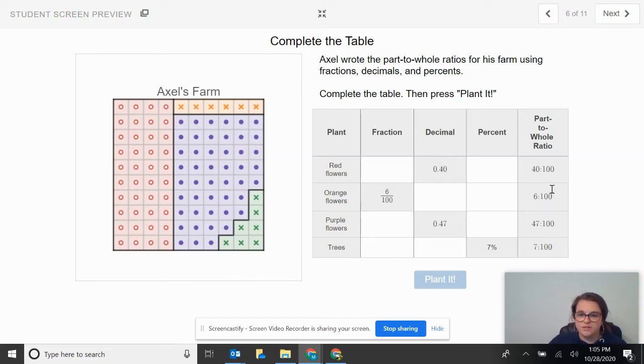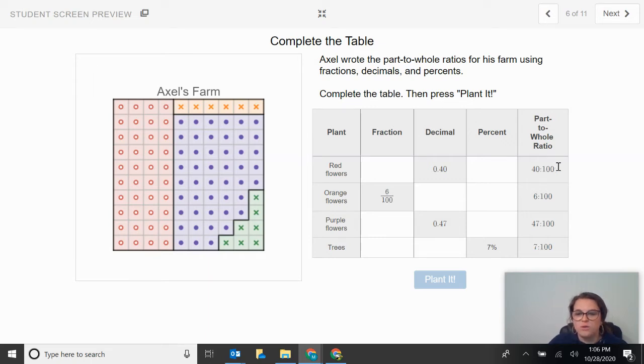So they did us a favor by counting up all of the flowers already. So all we have to do is know how to write these comparisons in a fraction, in a decimal, and in a percent. What you're going to be able to do is use the symbol that goes with each type of way to write the comparison.